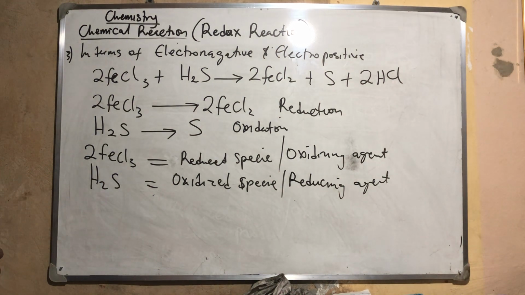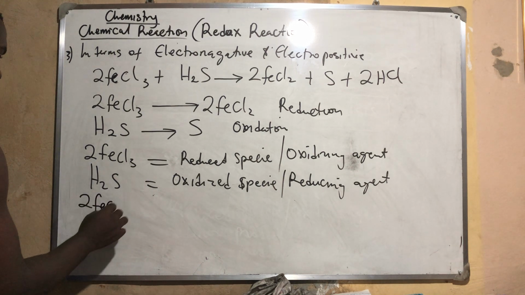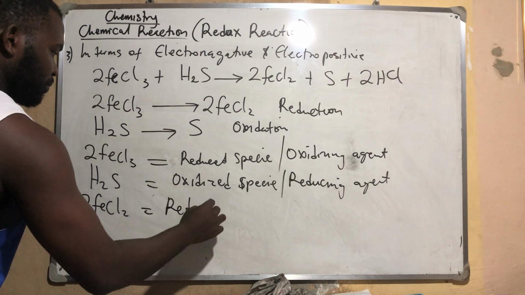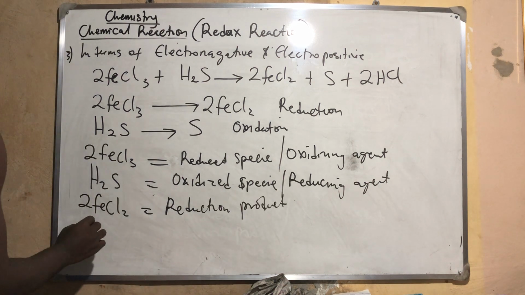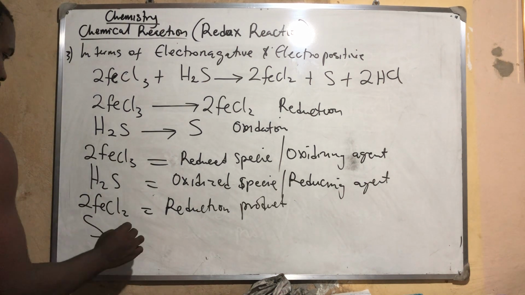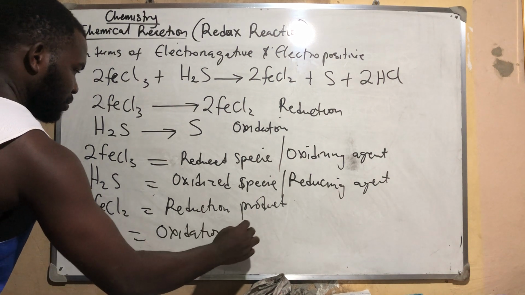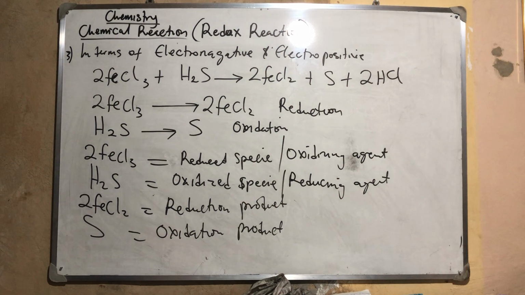And then their product is now the reduction product and oxidation product. So 2FeCl2 is now what? The reduction product, while my S is now what? The oxidation product. All right, so as simple as that.